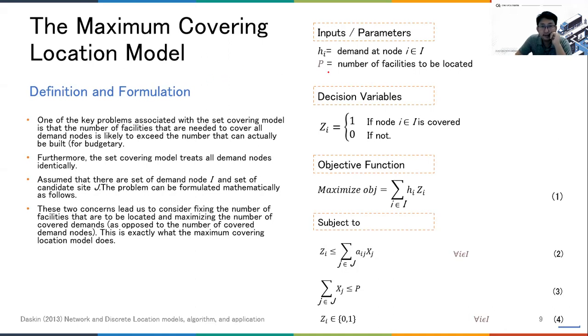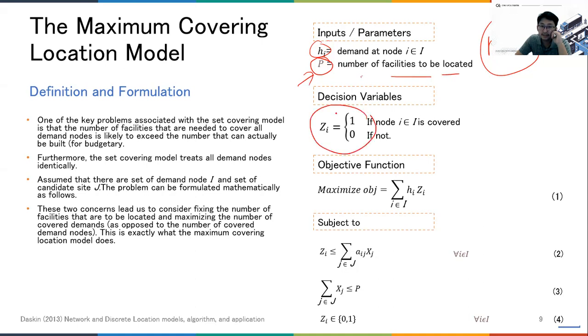And then this is the parameter that we need, Hi. And then sometimes we are also limited by the number of facilities that can be opened or used. Perhaps because of the budget, you can only open one or something like that. So you have the target number of facilities being located, so-called P.